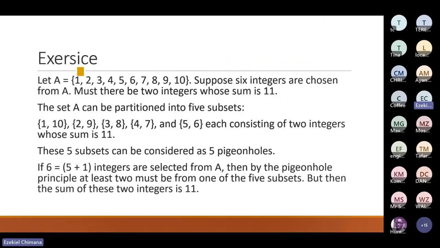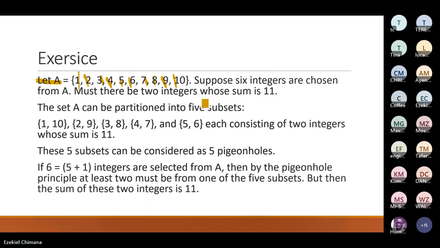So there is this example. I think this one was also in your assignment, where it says let A be equal to {1, 2, 3, 4, 5, 6, 7, 8, 9, 10}. So A is just a set with elements which are numbers between 1 and 10 inclusive.